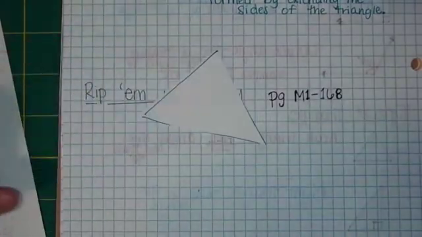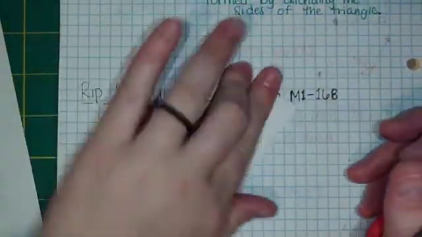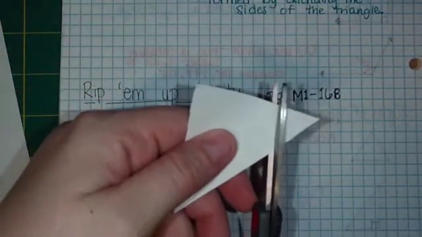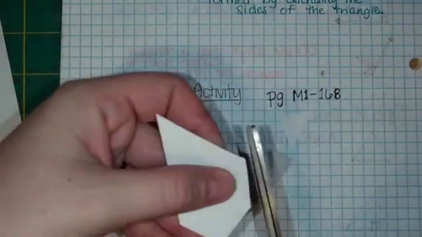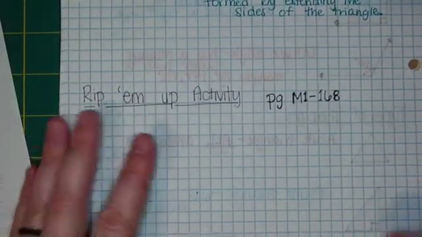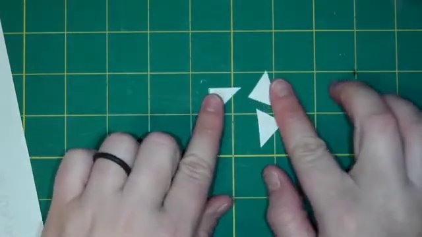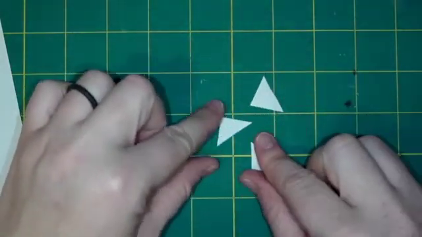I should take lessons from my son on how to cut because I'm not cutting on the lines, but that's okay. So if we take this triangle, and I'm going to flip it over so that you can't see my messy lines. And I'm going to cut off a little bit of each of the angles. And I'm going to actually move this and put them on this board thing that I have right here.